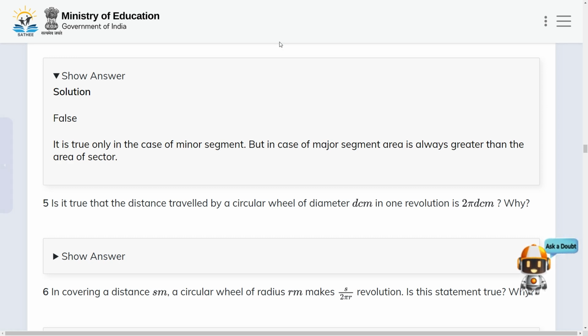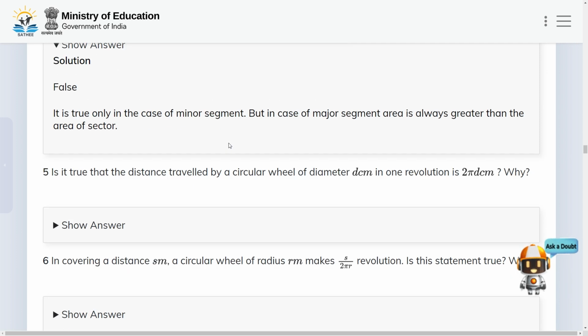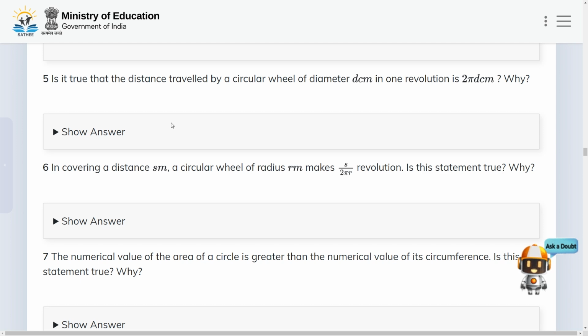So it is not true to say in general that the area of the segment of a circle is less than the area of its corresponding sector. This is only true when we have a minor segment. Now let us move to the next problem.